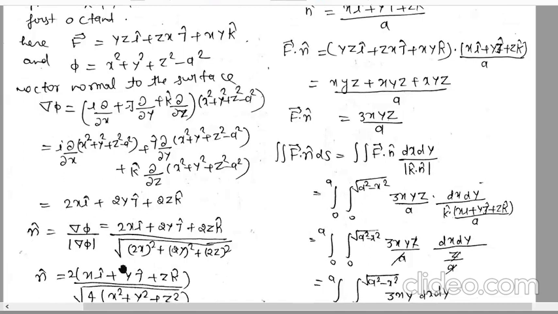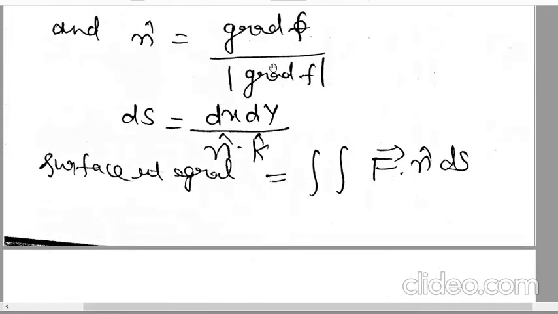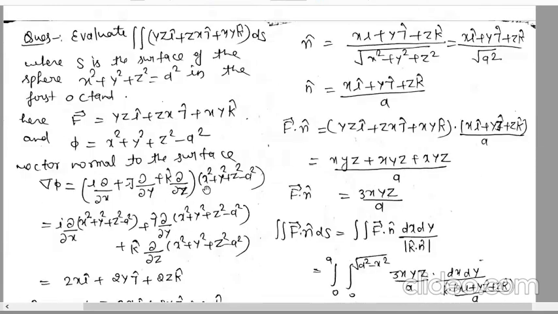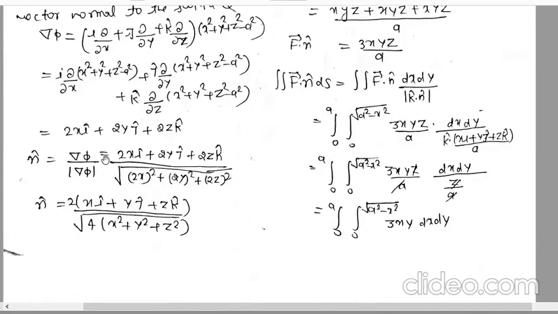Now we need to calculate n cap. We know that n cap is gradient of phi upon modulus of gradient of phi. So 2x i plus 2y j plus 2z k upon the square root of (2x) whole square plus (2y) whole square plus (2z) whole square.